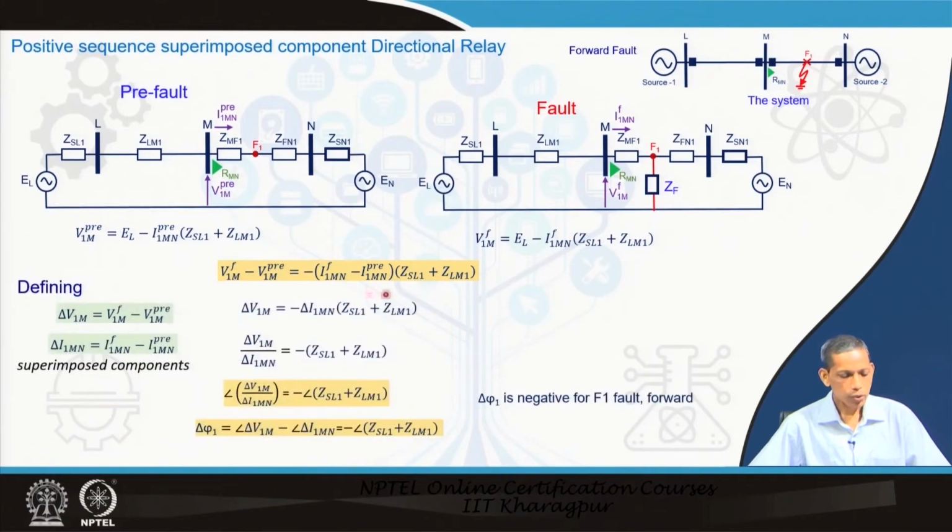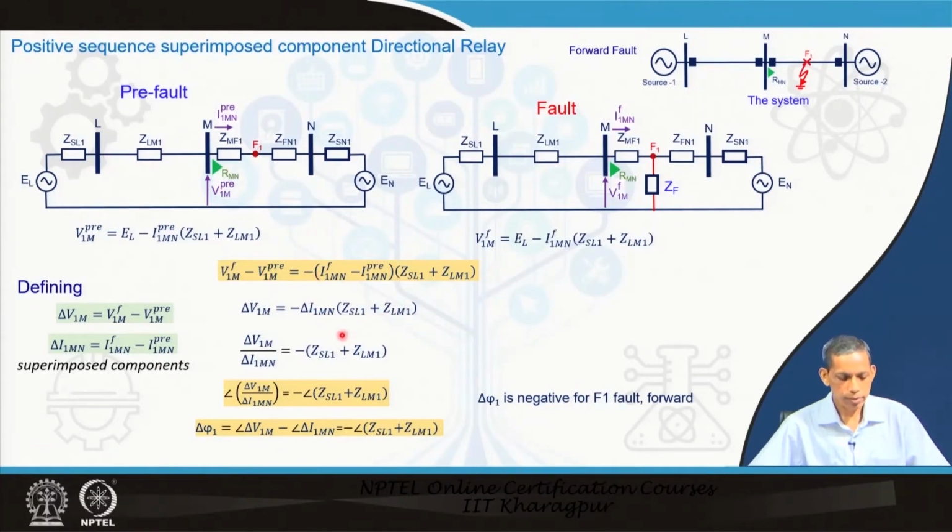So, we define this voltage difference to be delta V1M, the change in positive sequence voltage, and this current change, the change in positive sequence current seen by the relay, we call the superimposed components. So, this delta V1M and delta I1M, the positive sequence voltage and positive sequence current changes, are defined as the superimposed components. We designate these with delta V1M and delta I1M, the rest remaining the same.